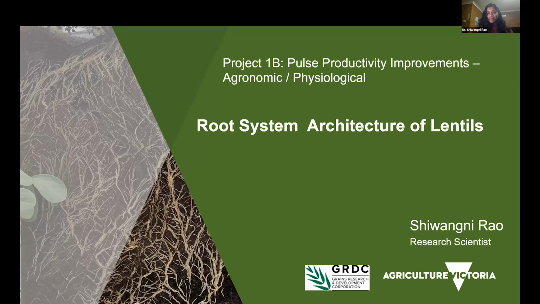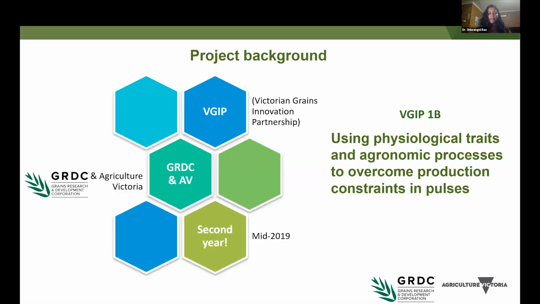So yes, I'm Shuang Ni Rao, and I am doing some root system architectural study of lentil. There are quite a few pulses, but the focus for today's talk will just be on lentils. Very quickly, my project looks at the physiological and agronomic practices that we can use to overcome pulse production constraints in Victoria.